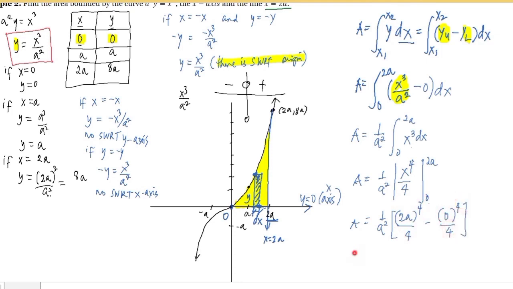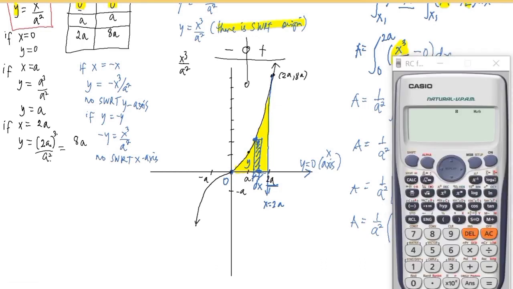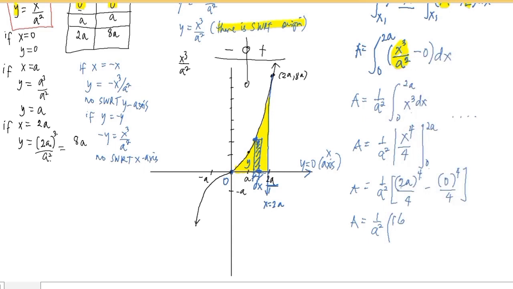So computing for this, we have our area is equal to 1 over a square. Then here we have 2 raised to 4, that is equal to 16, and a raised to 4, so that is 16 a to the 4 over 4.